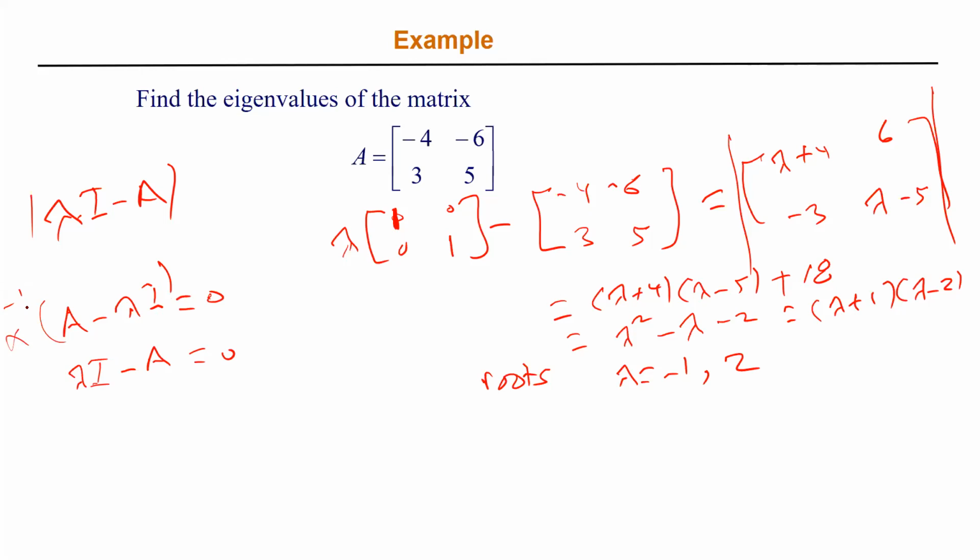No, it's convenience. You can use either lambda I minus A or A minus lambda I. It doesn't make any difference; both ways lead to the same answer, because if you multiply the equation by -1 you don't change any values. Any other question?